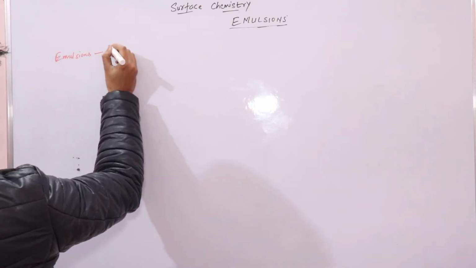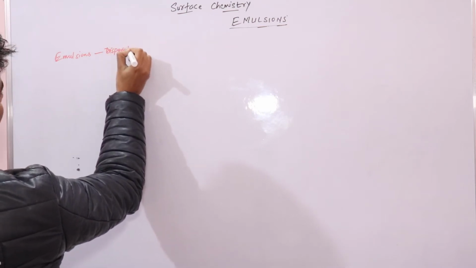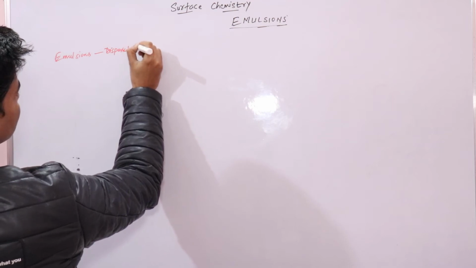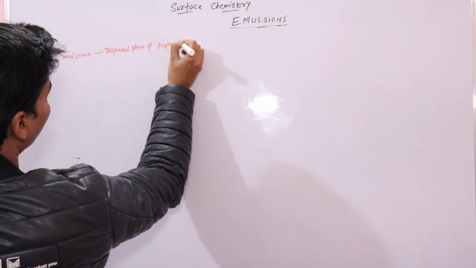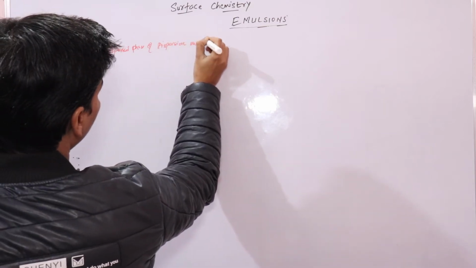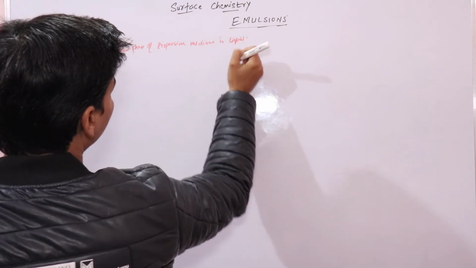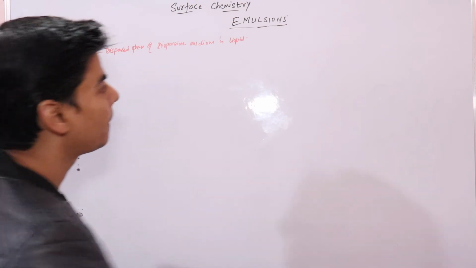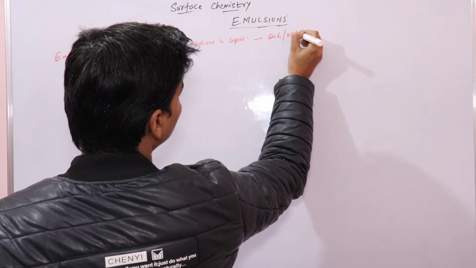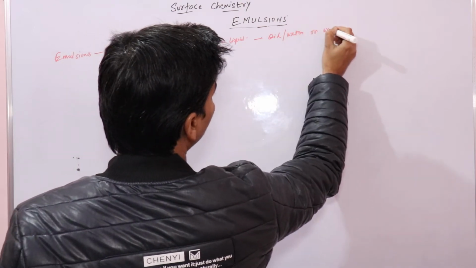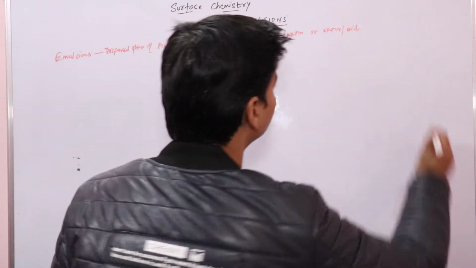Emulsions is when your dispersed phase and your dispersion medium are liquid, right? For example, if you remember, oil in water, or water in oil. Both are emulsions, both are examples of emulsions.